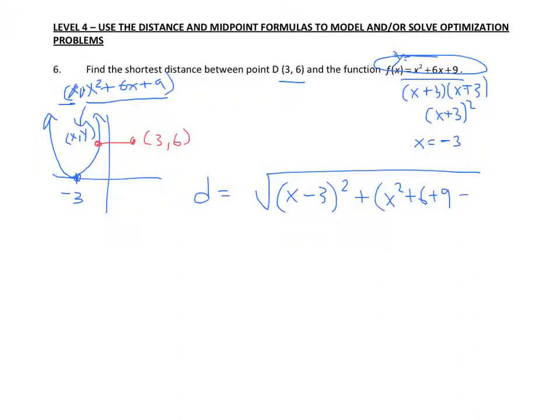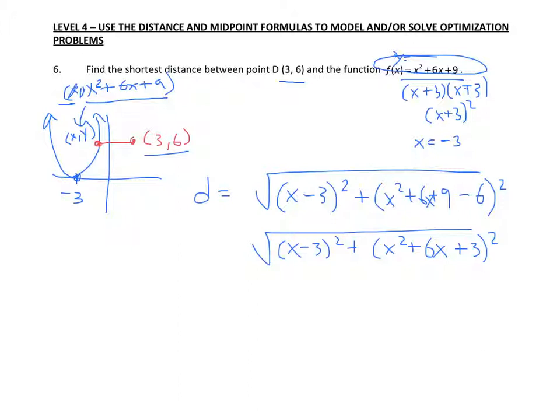And then I subtract the y coordinate from the point that I'm given, so minus 6. And square it. And then the calculator doesn't care if you simplify it, but you can if you want. This would be x minus 3 squared plus x squared plus 6x plus 3, oh, that should have been 6x, plus 3.